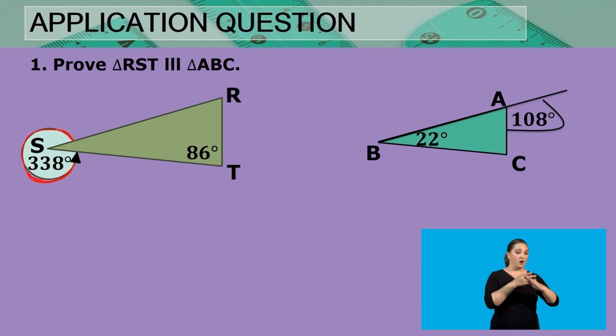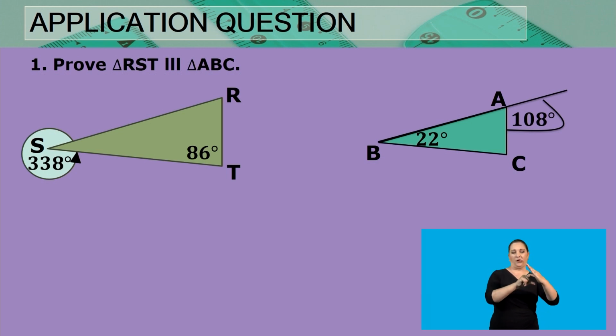Because we know that angles around a point are equal to 360 degrees. So when we add the given angle of 338 degrees and the interior angle of triangle RST together, they should give us 360 degrees, because it is angles around a point.